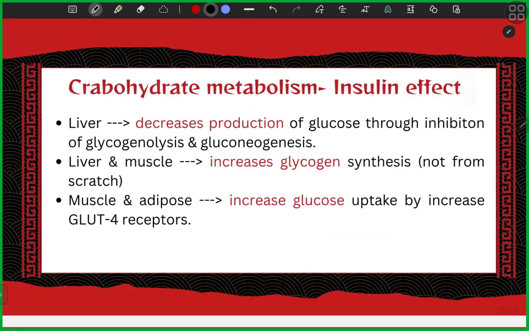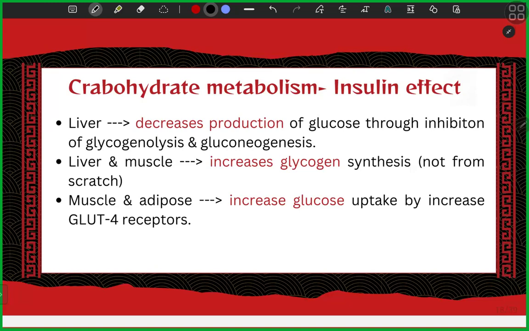Then you have carbohydrate metabolism. In the liver, it decreases the production of glucose through inhibition of glycogenolysis and gluconeogenesis. Glycogenolysis is basically breaking down of glycogen to give you more glucose, and you don't need that, right? And it inhibits gluconeogenesis, because why would you make more glucose in the first place? Then in the liver and muscle, it increases glycogen synthesis.